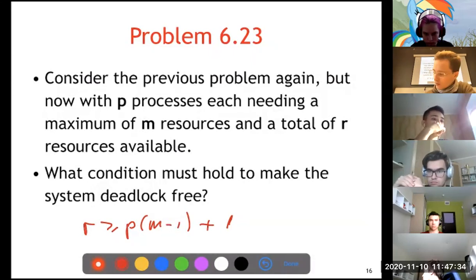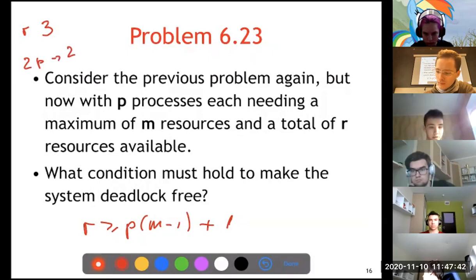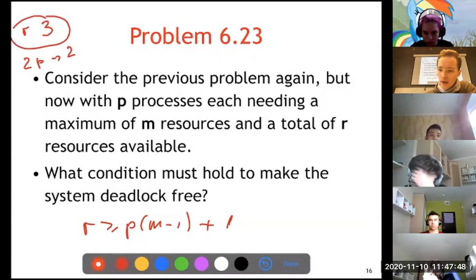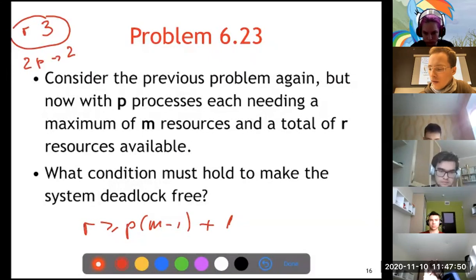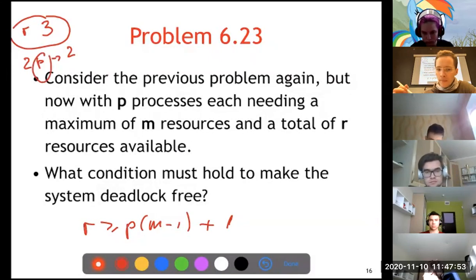Is it understood? In the previous part, we had three resources and two processes that wanted two resources. So we have a number of resources bigger than the number that one process wants.